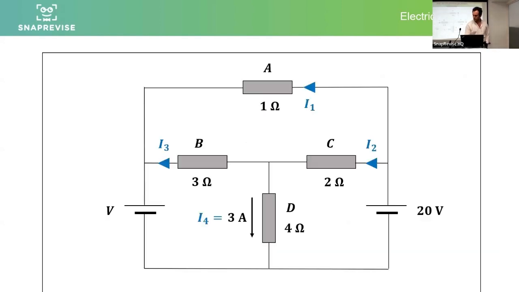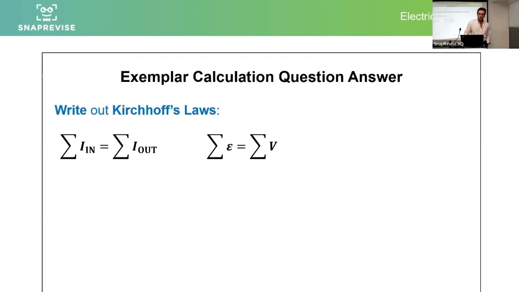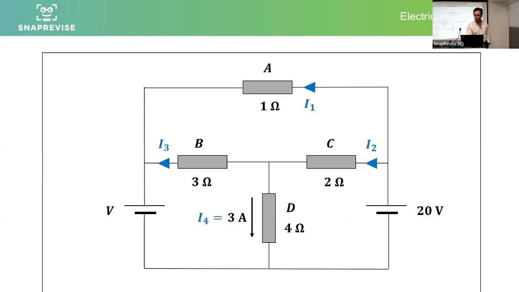Right, we have a slightly complicated circuit here. So let's consider the bottom right closed loop, where we don't have much time, so I'm going to have to push through this, which is a real shame. We gain 20 volts here, we expend some here and expend some here, and we're told the current through here is 3 amps, that resistance is 4, so we know this is 12 volts.